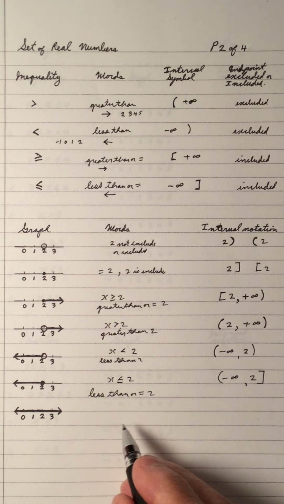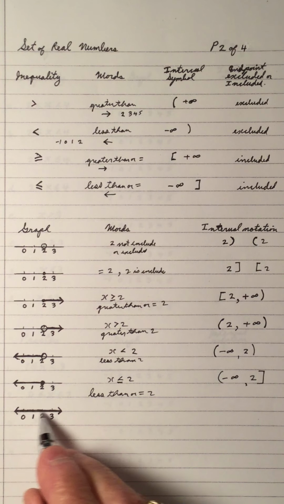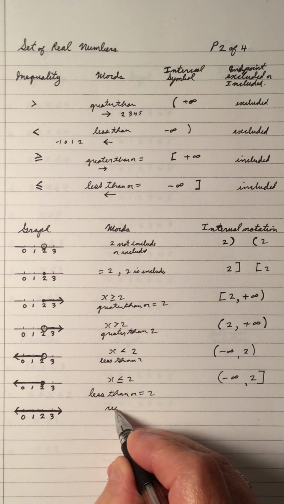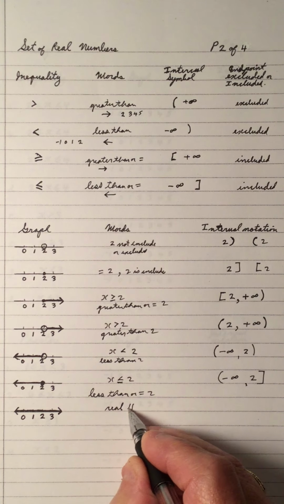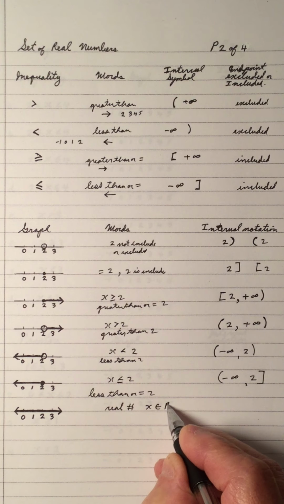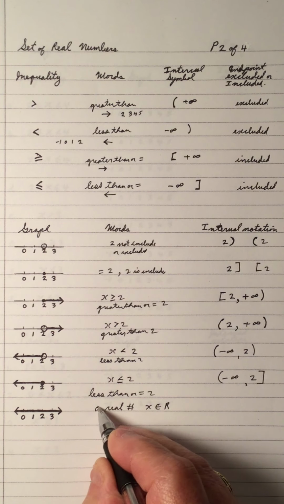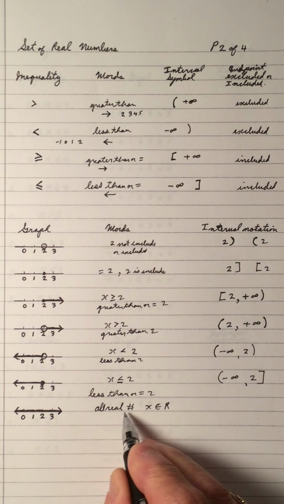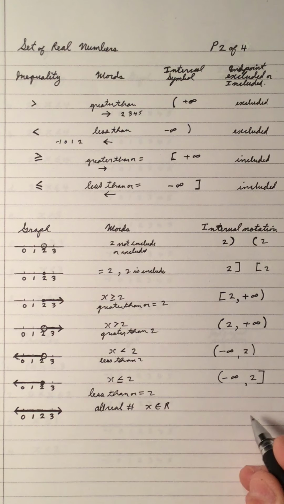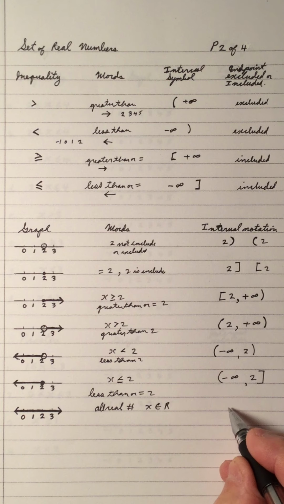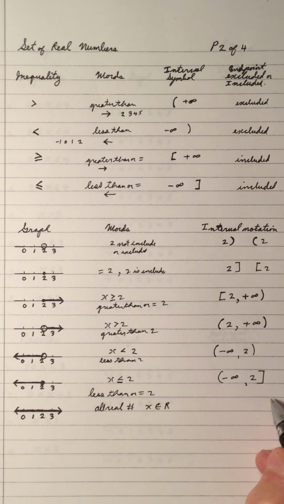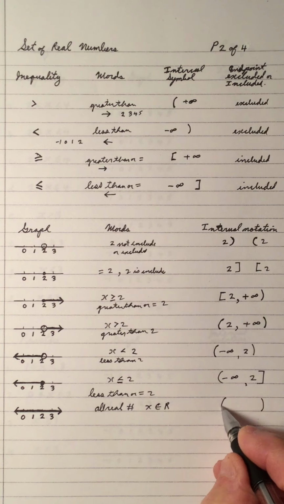And this one has all shaded in, so this one means the set of real numbers, or we could say x belongs to R, which is real numbers. So we can say all real numbers, or x belongs to R. And if you want all of the numbers, it's open on both ends.